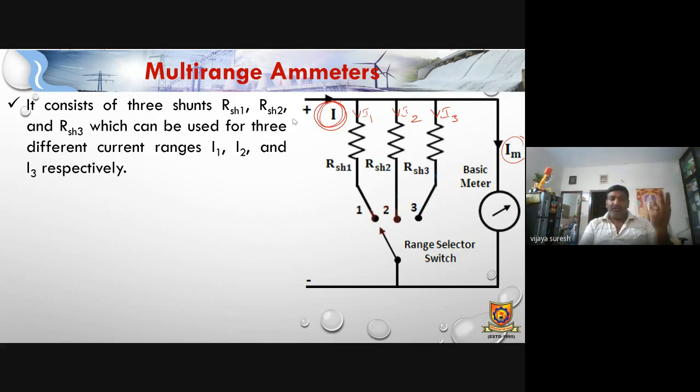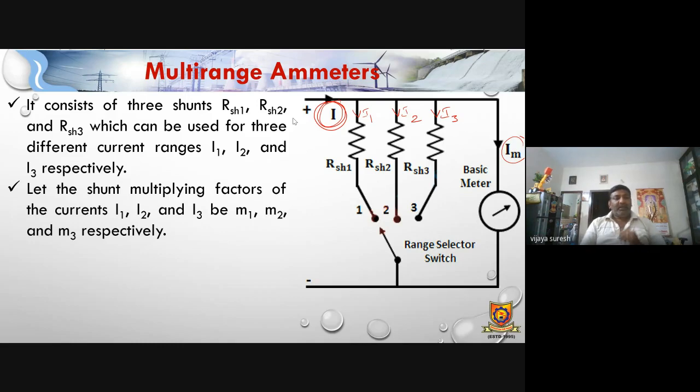So if you want to measure I1, the I1 current is passing through RSH1. Then let the shunt multiplying factors for I1, I2 and I3 be M1, M2 and M3. So M1 is nothing but I divided by I1.